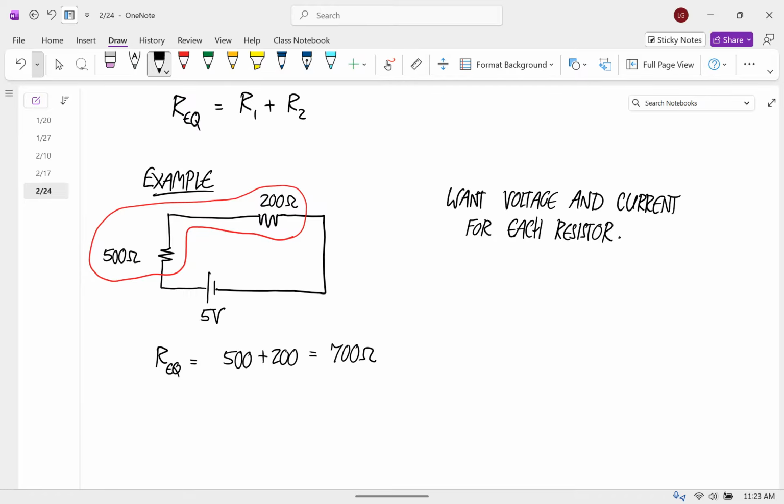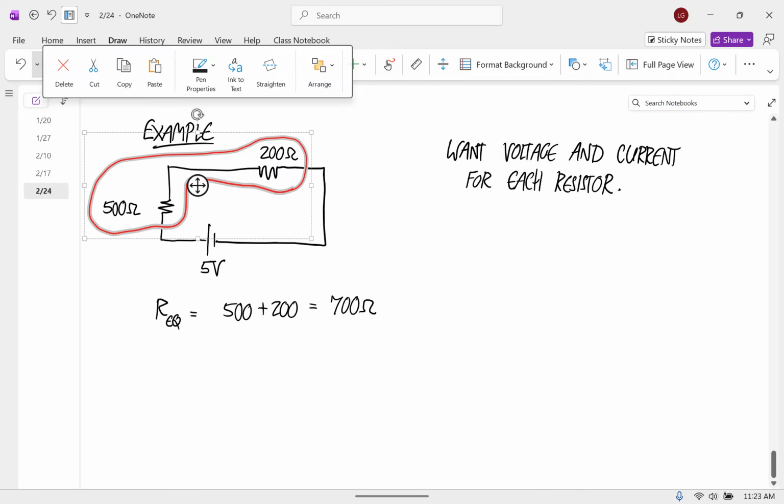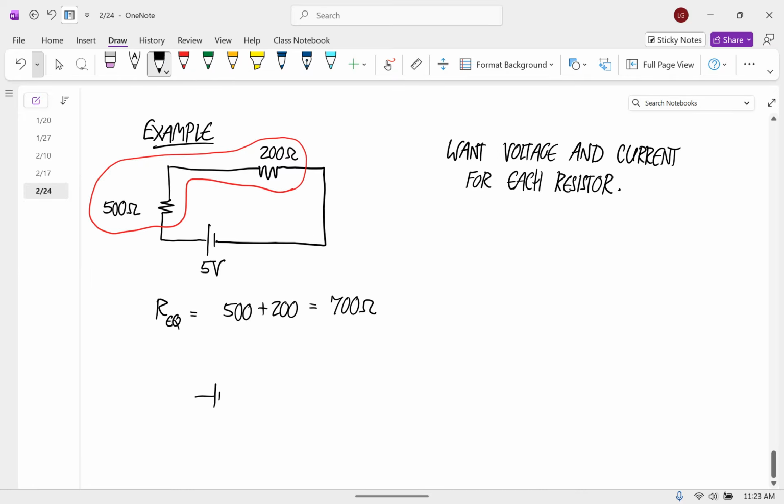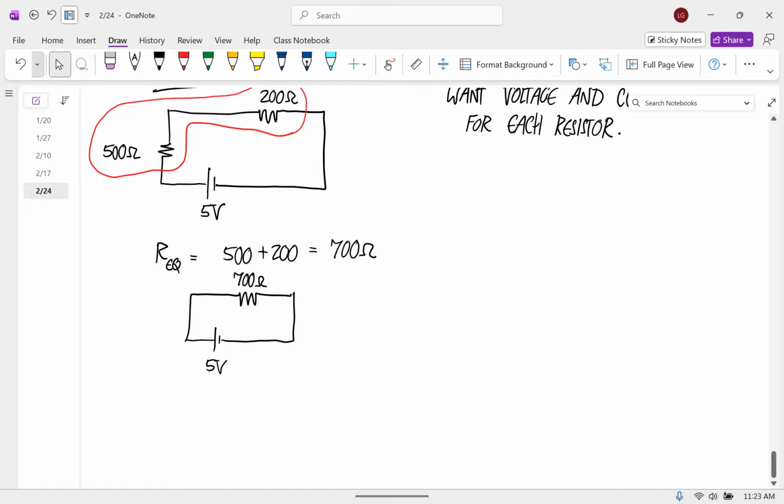Okay. And I can redraw this circuit like this. And now I can use Ohm's law.